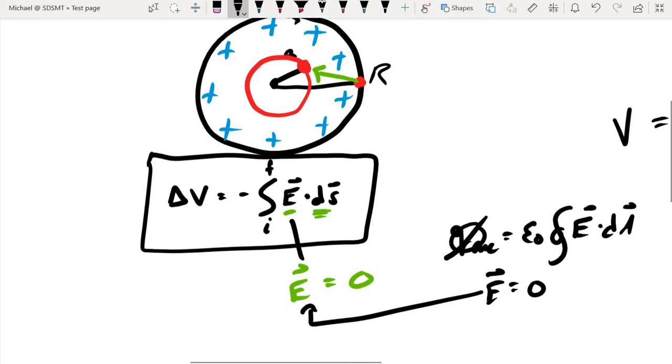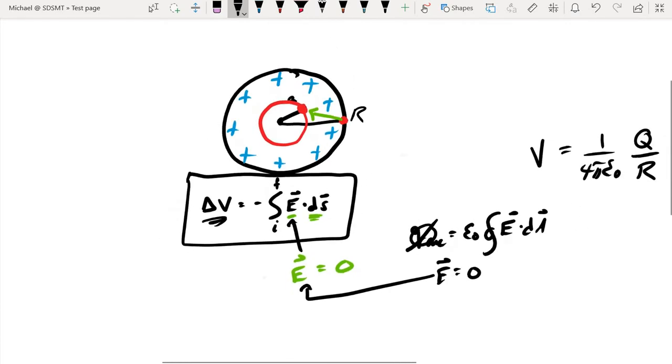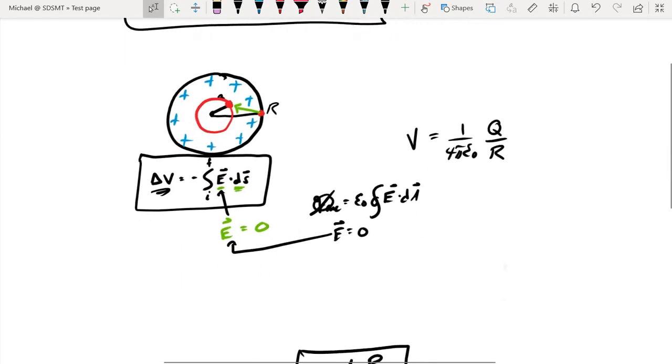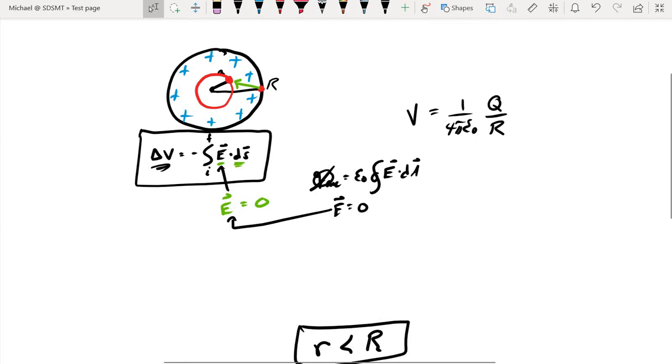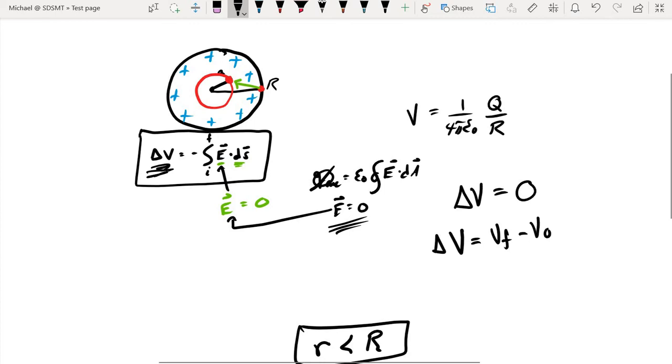And if there's no electric field, does that mean that the potential inside of the sphere is 0? No, it does not. All this means, by having 0 electric field inside of the sphere, is that the electric potential cannot change. Any change in the electric potential must be 0. Well, that change has to be, let's see, a delta statement would technically be a final minus an initial.